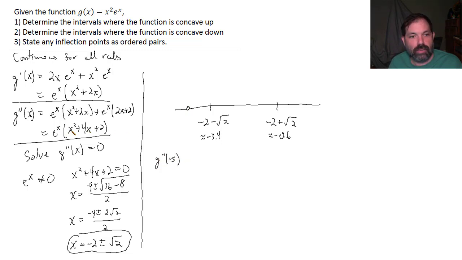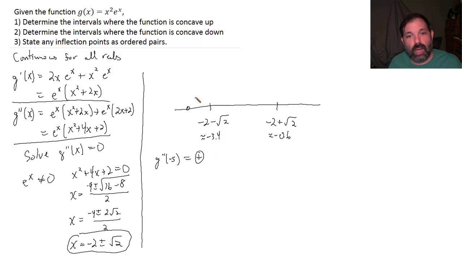Using e to the x times x squared plus 4x plus 2, e to the x is positive. For x squared plus 4x plus 2, we can throw in the negative 5 and test this out, or we can think of that being a parabola opening up, and we know it has two roots.